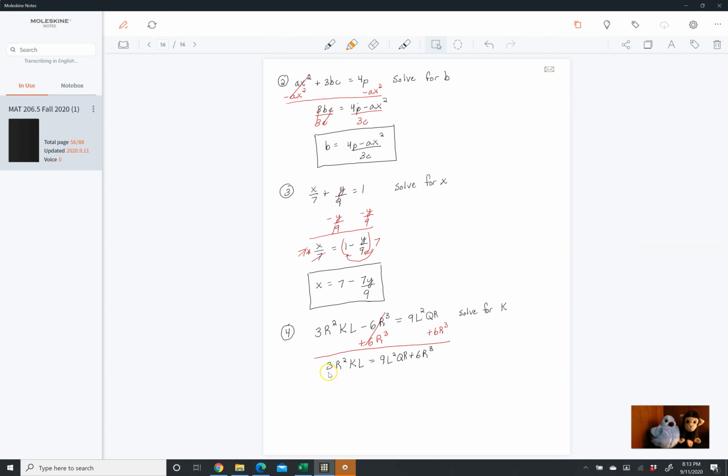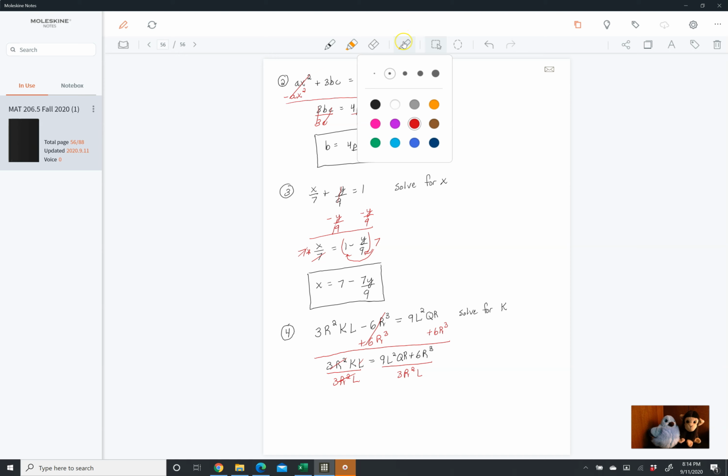Okay, so the next thing that we have to do is, again, we have to get the K by itself. So in order to get that K by itself, we have to get rid of the 3r squared L. All of them are being multiplied. So we can do this in one step. We could divide by all three of those things. So we're dividing everything by 3r squared L, so that we're left with only K on the left, okay?